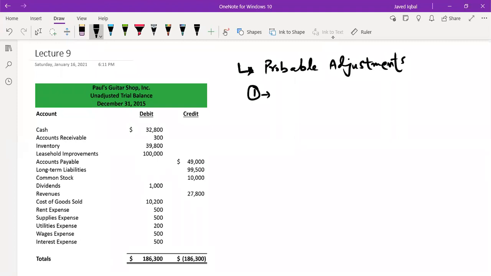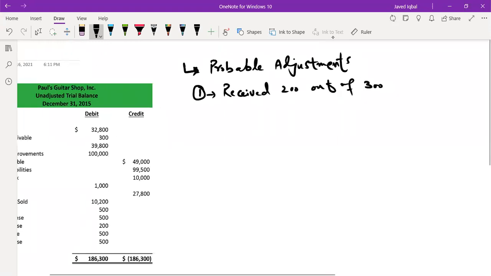there is a chance that you received 200 out of 300 receivables. So this is one probable adjustment.